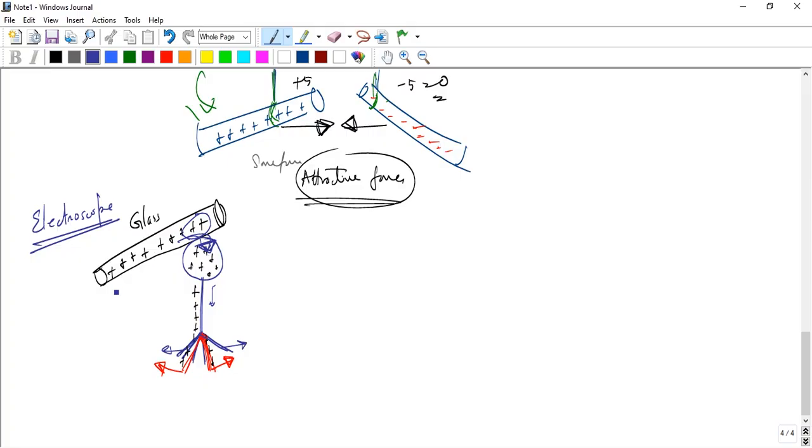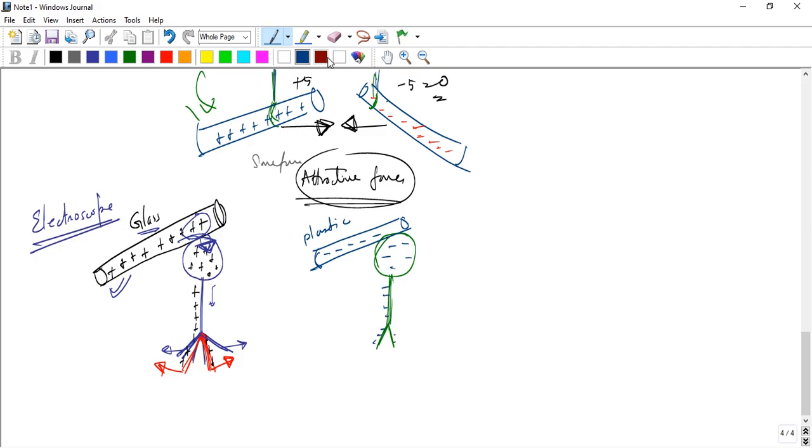So we can finally say that the glass rod has some extra charge present, and the charge is positive or negative. If negative, a similar diagram: a metal sphere with gold leaf, and a plastic rod with minus minus minus charges.